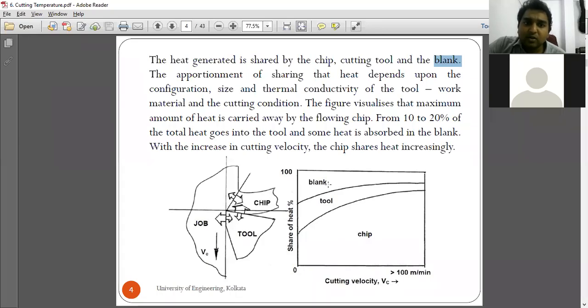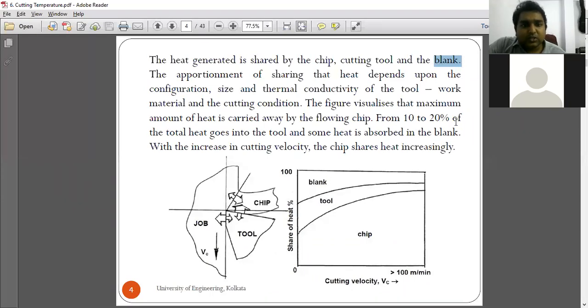Normally this term we use for some material which has to be worked upon, that is called blank. You have also heard about this in your press tool operations. So blank is a workpiece, the chip, tool and workpiece.